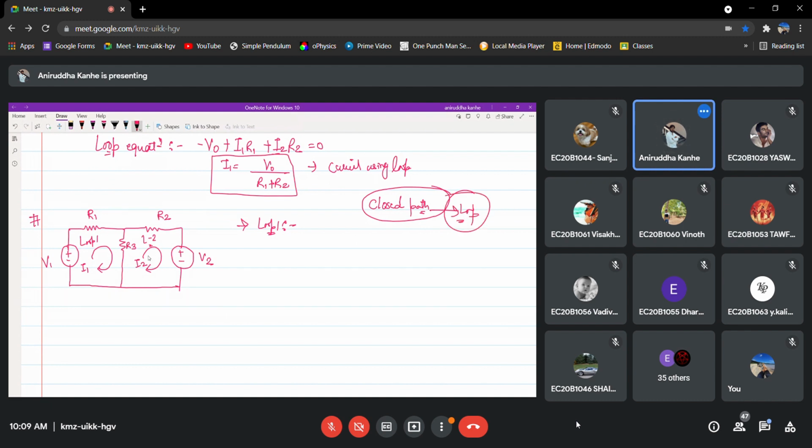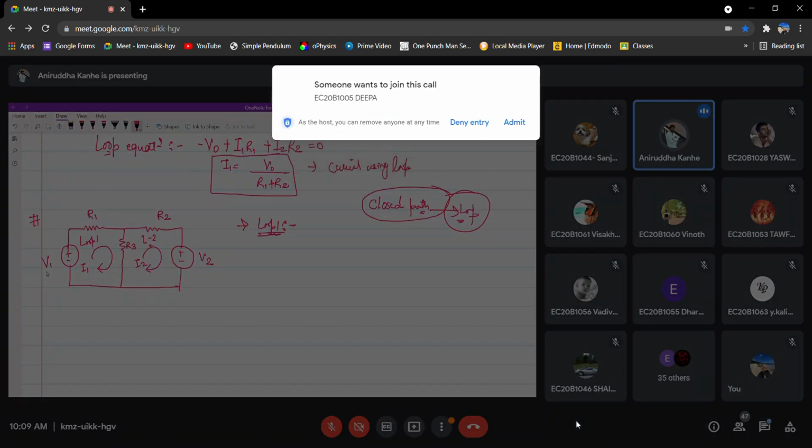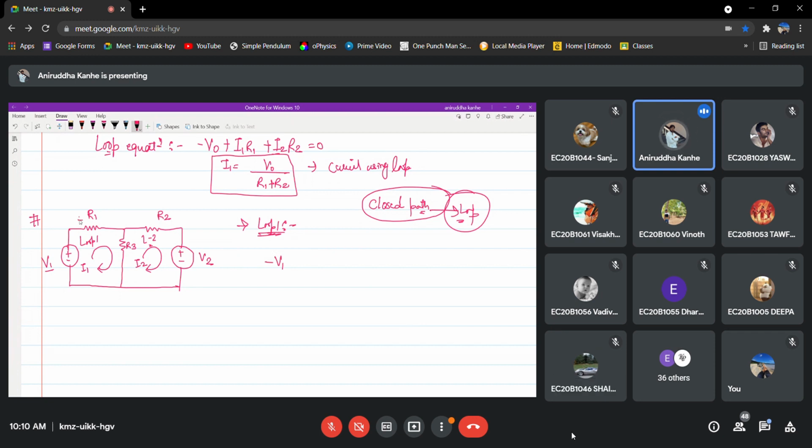So if you want to write the loop equation for loop 1, how will you write it? You have to take the entering sign, so minus V1. Unless otherwise mentioned, you always take the drop across a resistor as positive. So R1 I1.